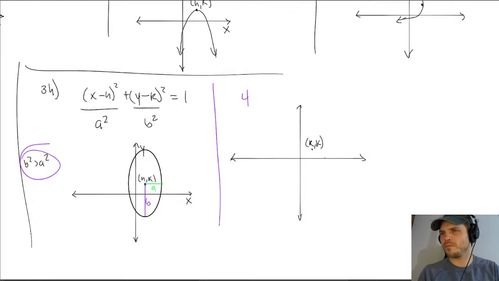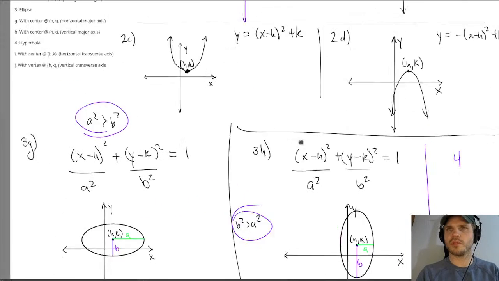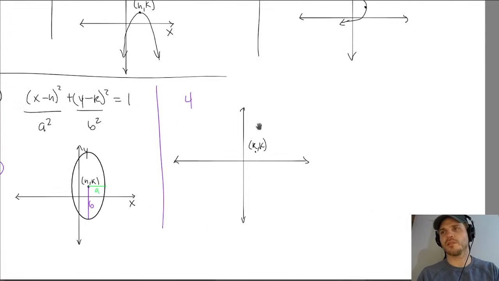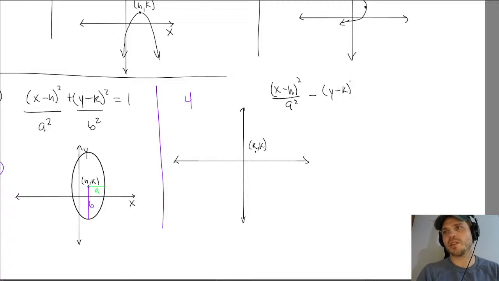Then, how do we want to do this? Let's first do the horizontal transverse axis. So we're going to have x minus h squared over a squared minus y minus k squared over b squared. So it looks very similar to the circle, only this is negative. One of these terms will be negative.